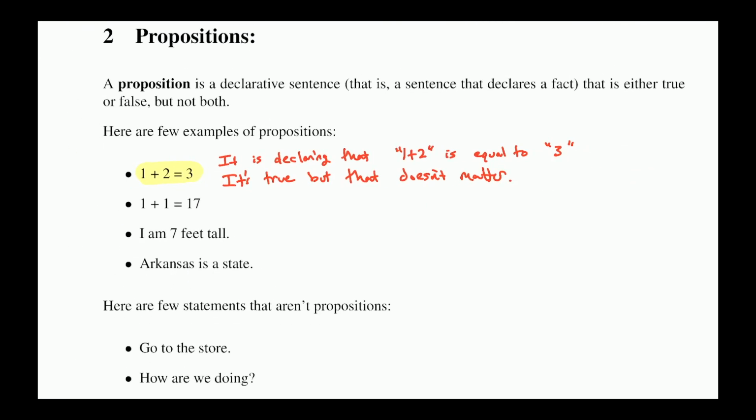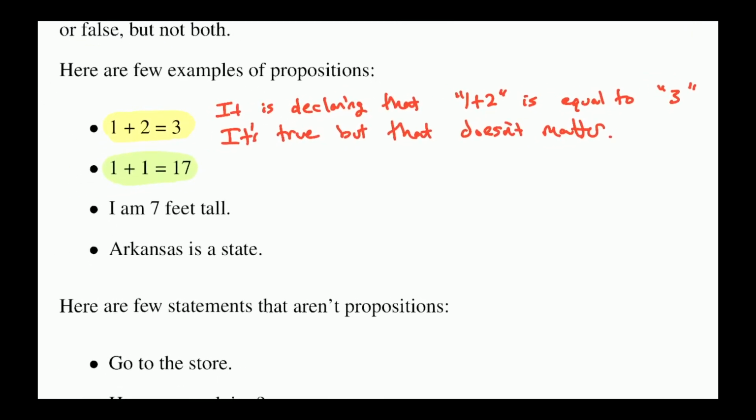So the next one we've got on here is 1 plus 1 equals 17. That's also a proposition, right? You're still declaring a fact. In this case, it's wrong. It's a false statement, but it's still a proposition, right? So this is similar to the one above.